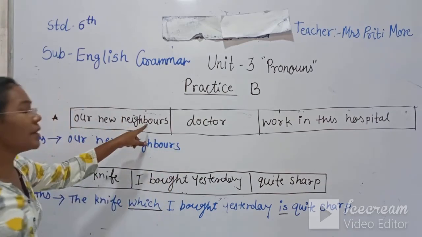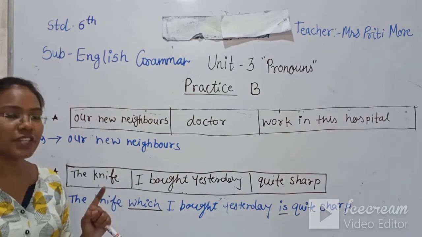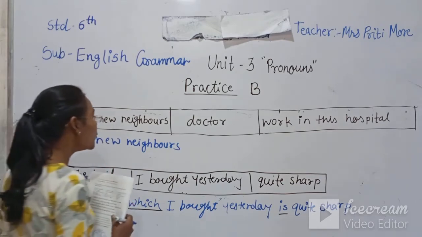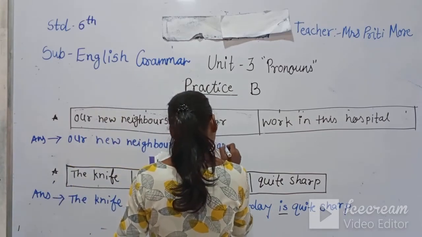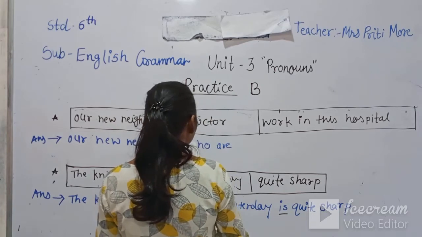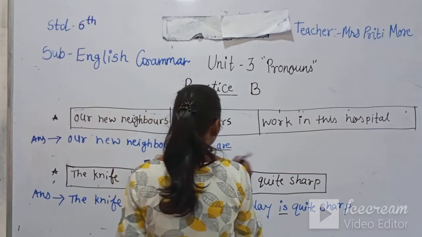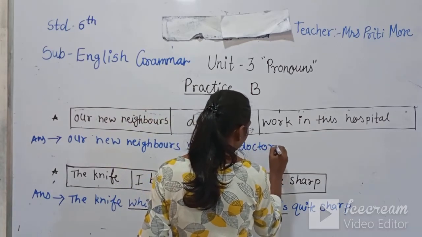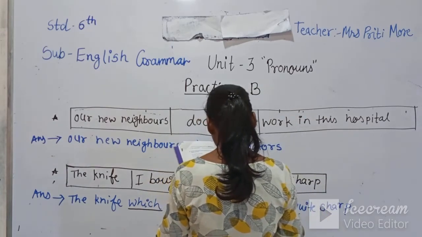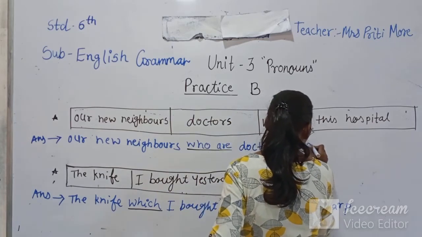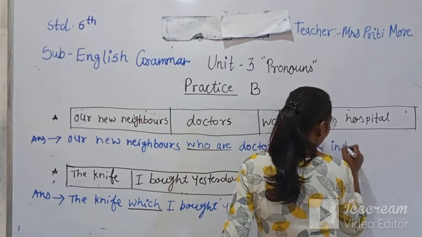New neighbor means a person, and it is a living thing. For a person, which relative pronoun do we use? We use who. Who are doctors, work in this hospital.